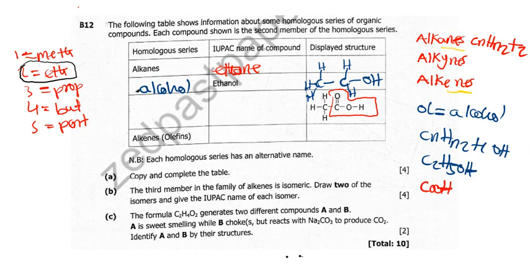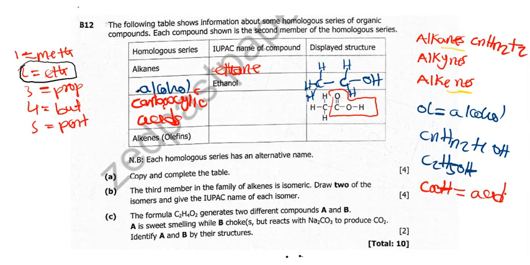Wherever you go, you find COOH, just know that this is a carboxylic acid. So the homologous series from which the structure is coming from is the carboxylic acids. That's where it is coming from.